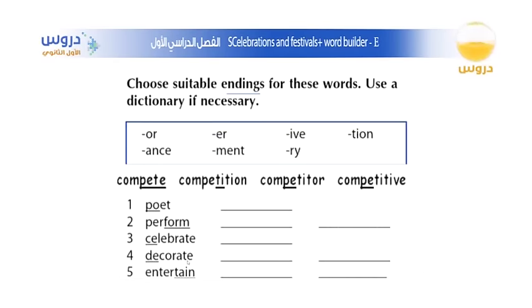Use the dictionary if necessary. All right, we're going to do it all together. You've got this ending here, or, and we've got er, ive, tion, ance, ment, and ry.